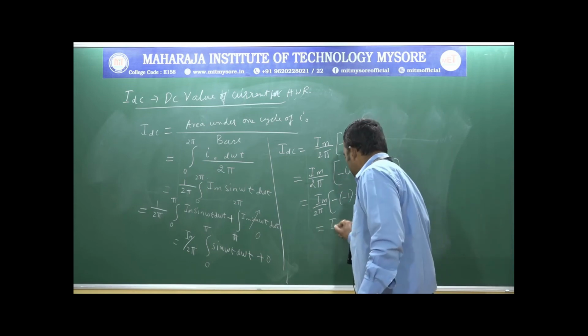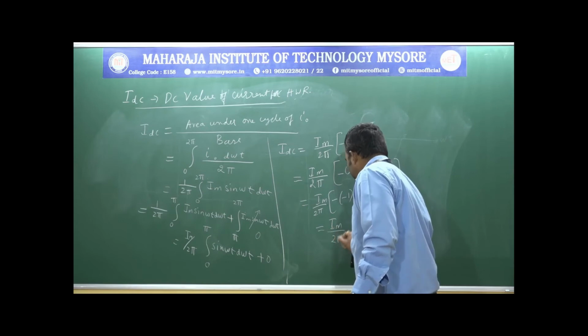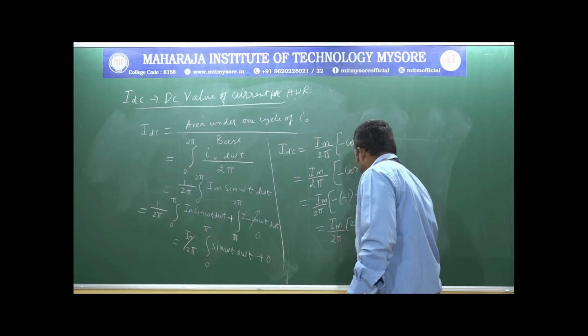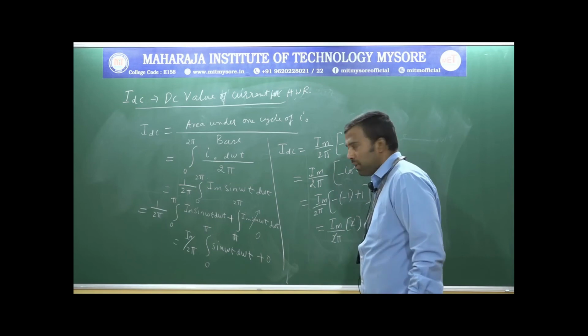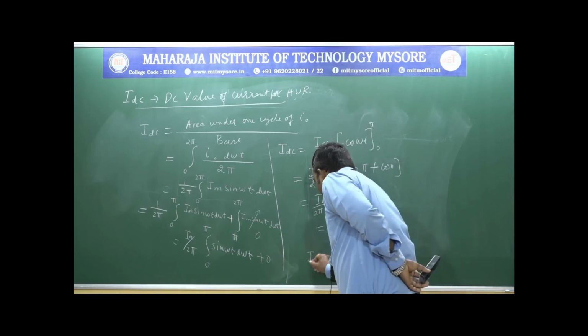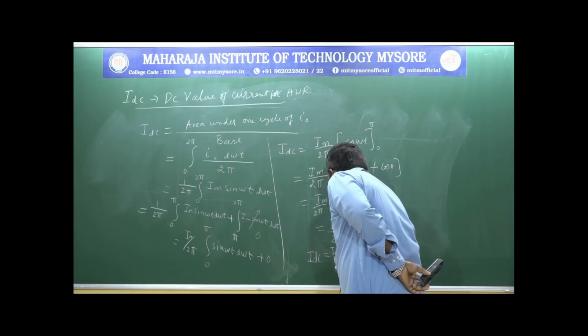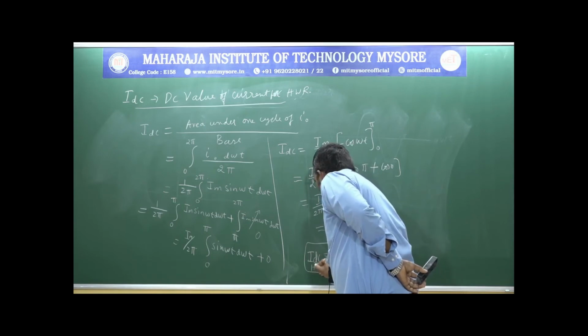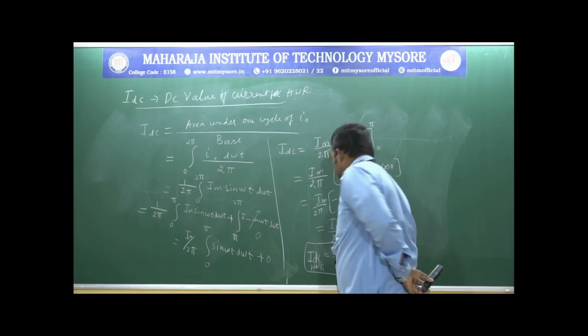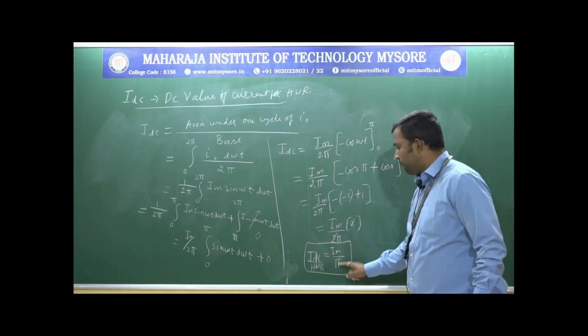That is Im by 2 pi into 2, the 2 gets cancelled. Therefore, I can write the I_DC value as equal to Im by pi. I_DC for half wave rectifier is equal to Im by pi.